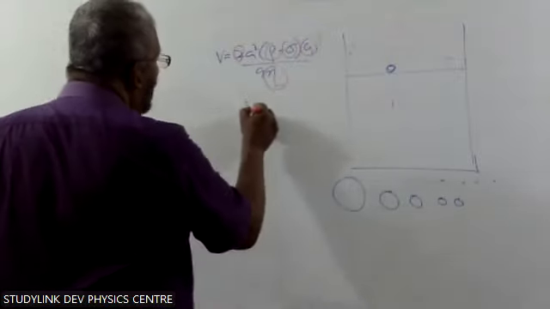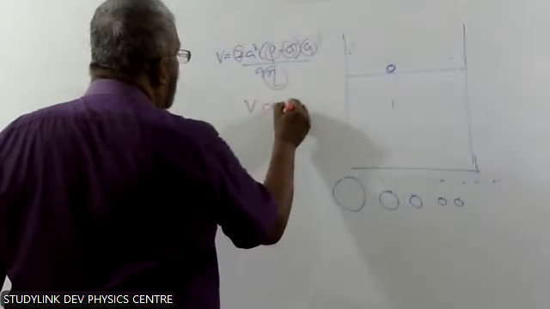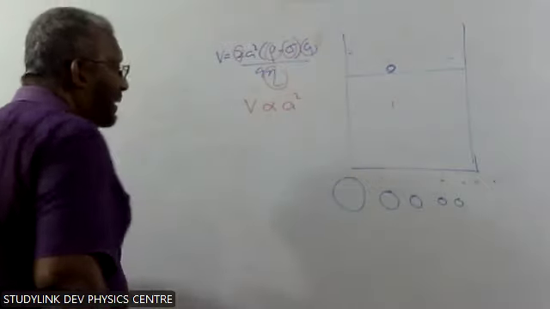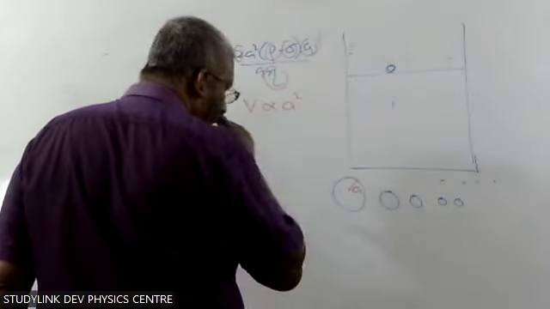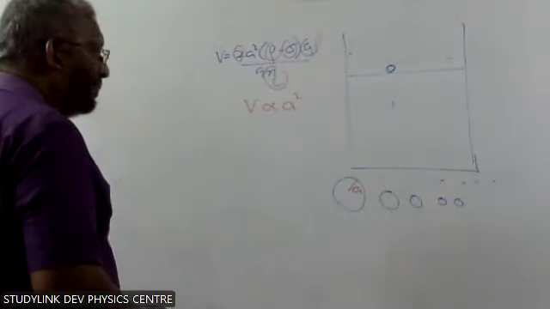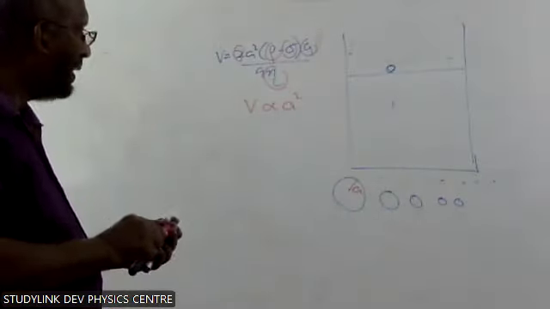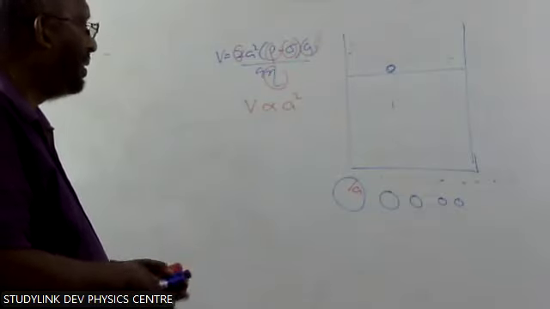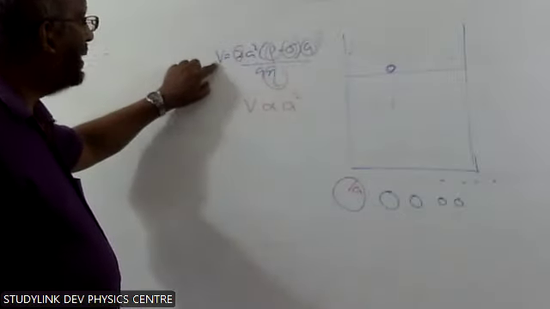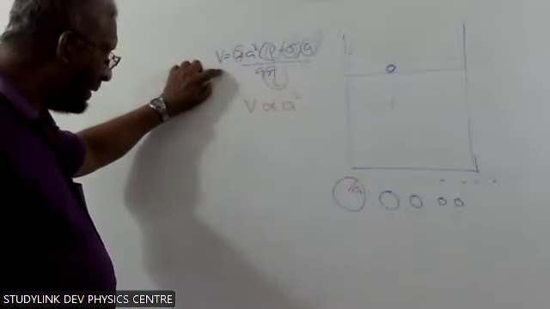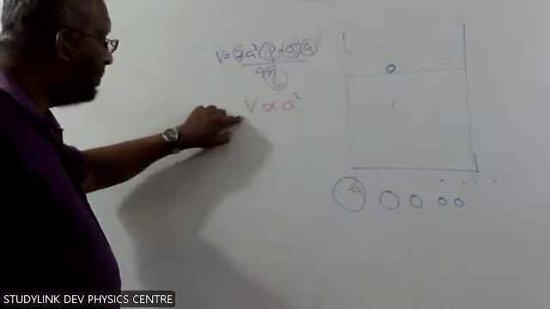So terminal velocity is directly proportional to the square of the radius. Right. First draw like that and then write this equation, then come up to this.